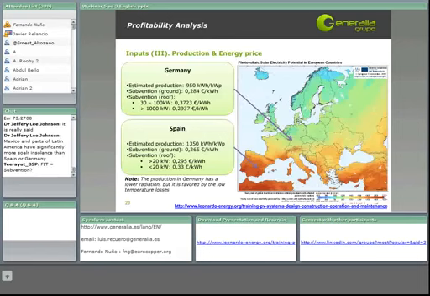We have considered a loan of 12 years, and for a 1 megawatt facility, we are considering an investment of 2.9 million.